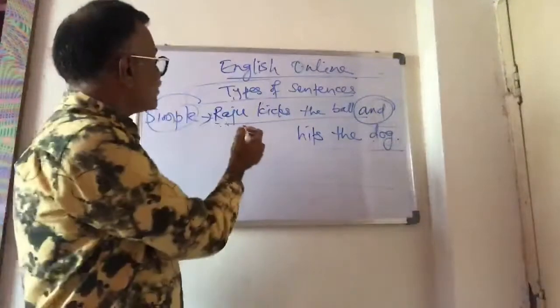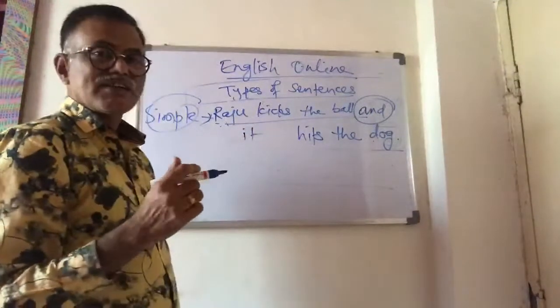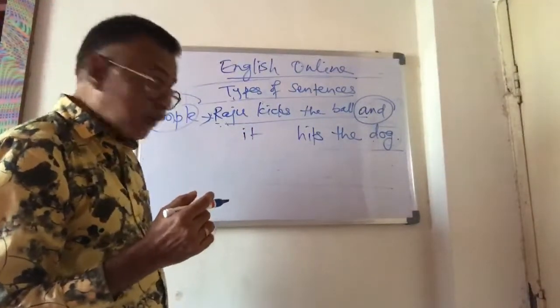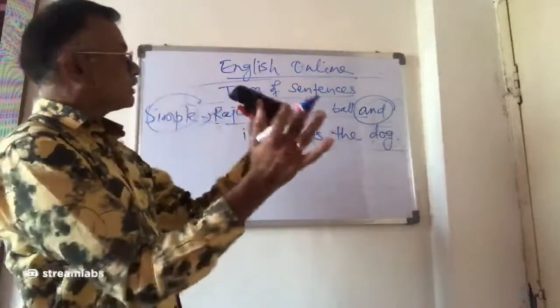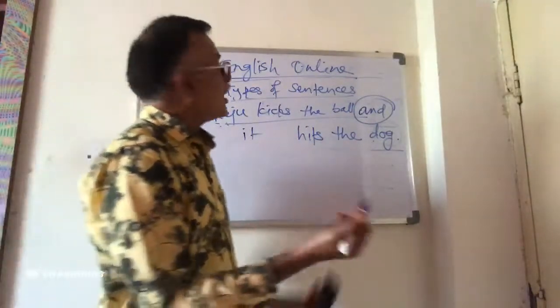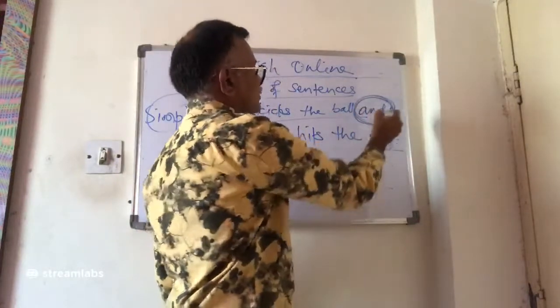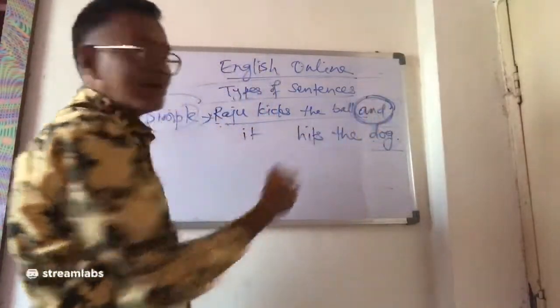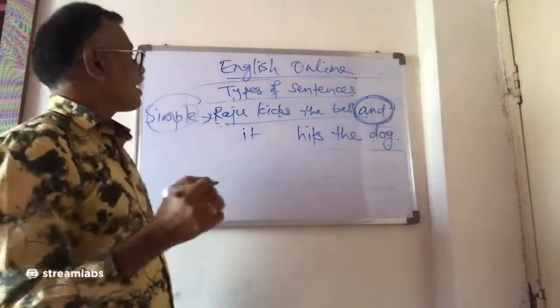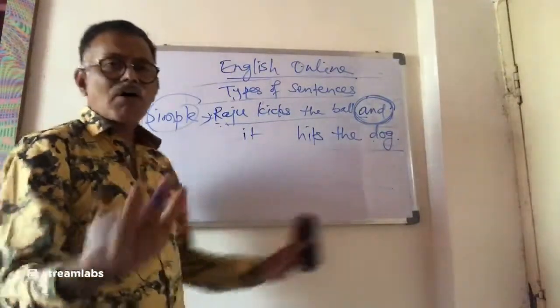So when we find such a structure in a sentence, we call it a compound sentence. Compound means two sentences brought together, joined using a compounding word, which we here identify as and. Raju kicks the ball and it hits the dog.